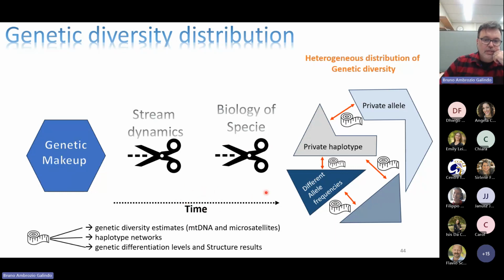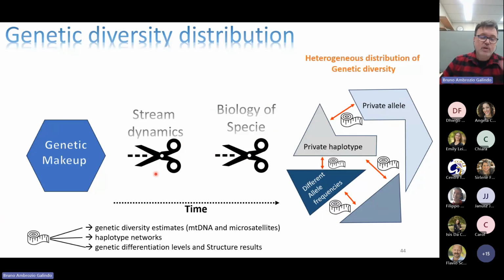And this leads to a differentiation, so I will pick some part of this genetic makeup and another part and another part. So I will start to have private alleles in this section, another private allele in this section, different allele frequencies in this section. So I will start to differentiate this original genetic makeup with these dynamics, some aspects of the biology of this species, and some dynamics of the stream.